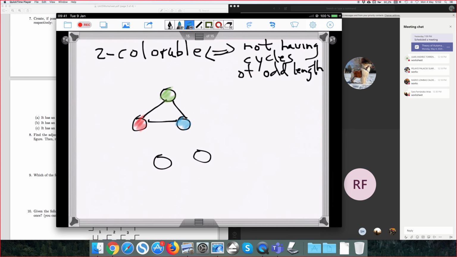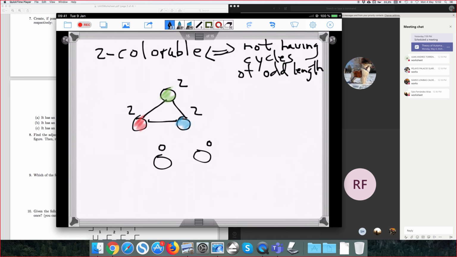But now, if we want to include the other conditions, we need to include a new edge. Okay. And we also want the graph to be Eulerian. And for the graph to be Eulerian, all the degrees need to be even. Okay? But now here we have degrees 2 for 3 of the vertices, 0 for the other 2.